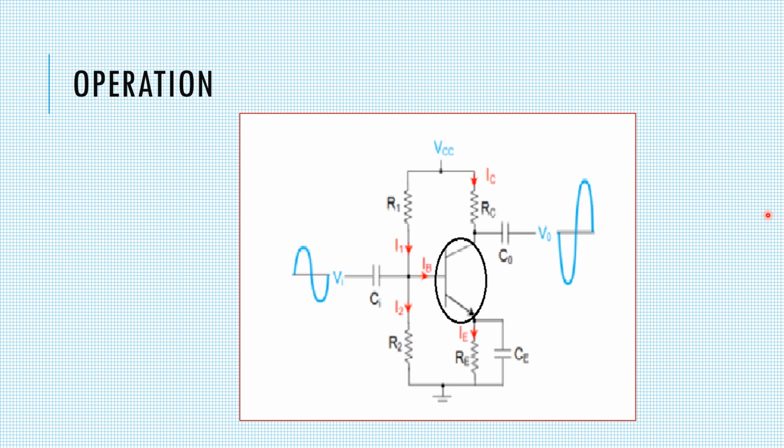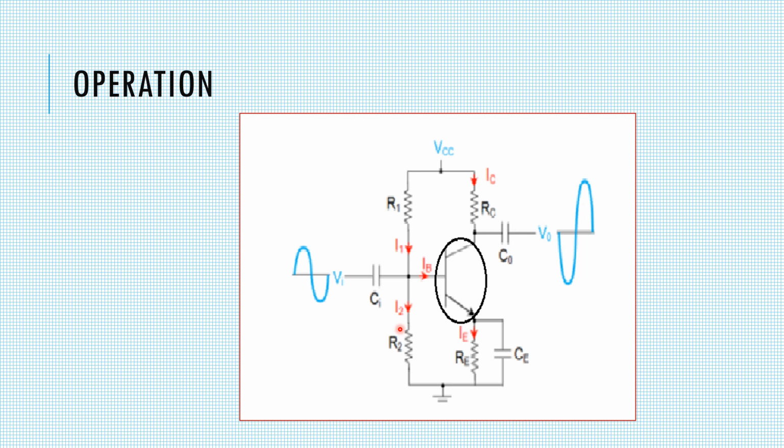Here, when a signal is applied across the base emitter junction, the forward bias across this junction increases during the upper half cycle.